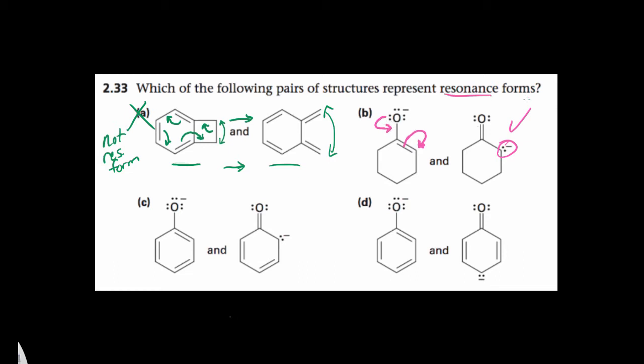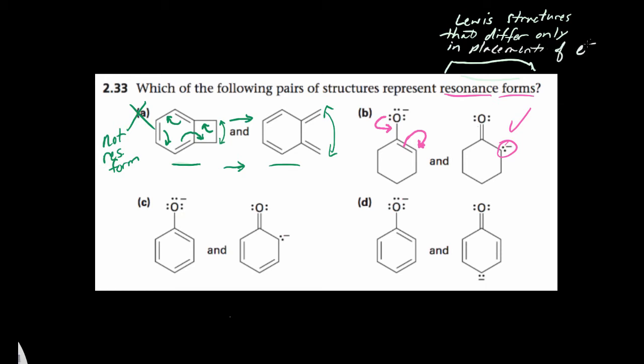So resonance forms are 2 Lewis structures that differ only in the placement of electrons.